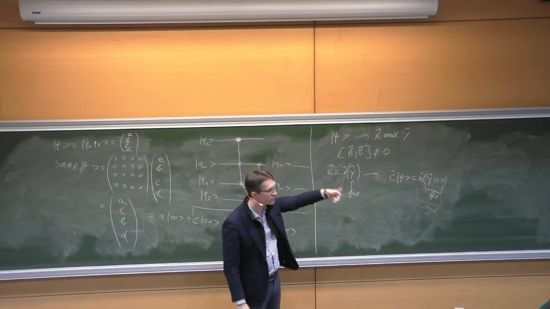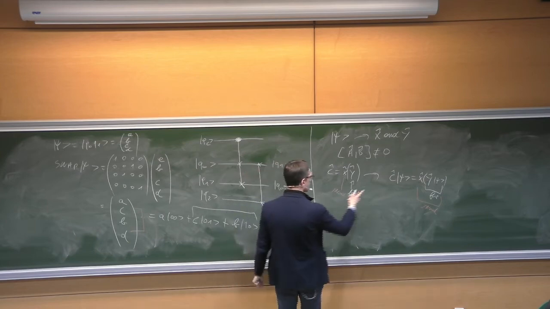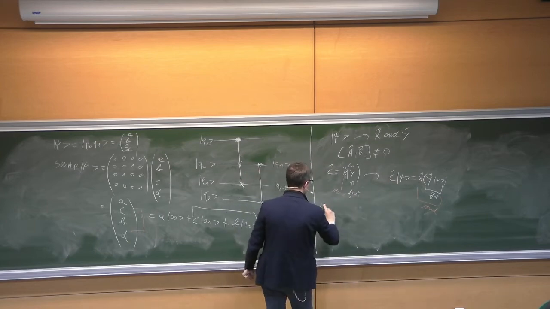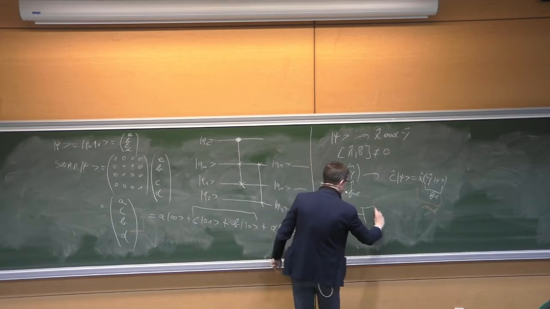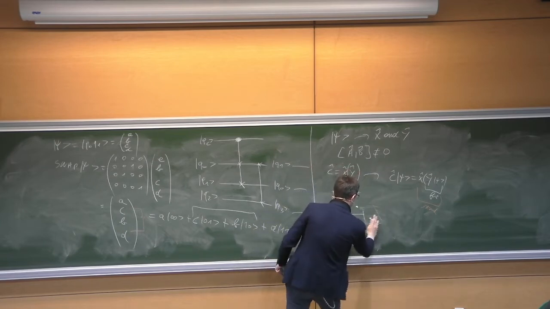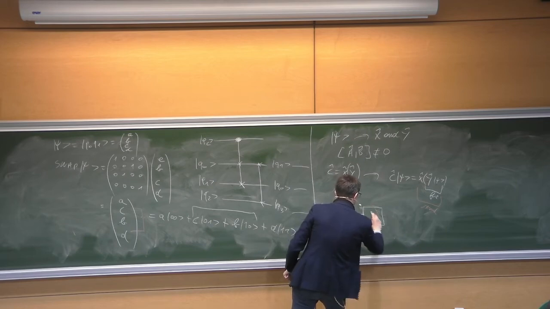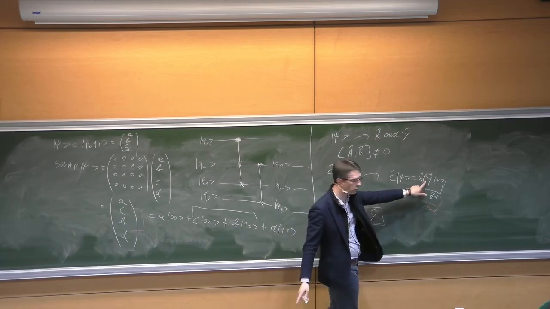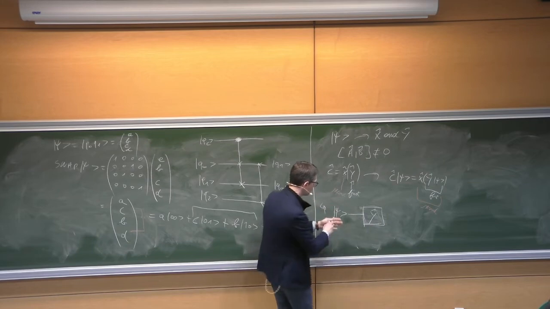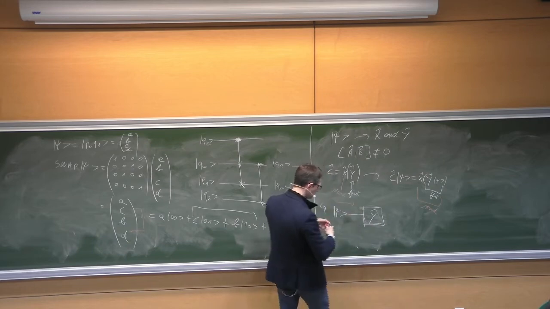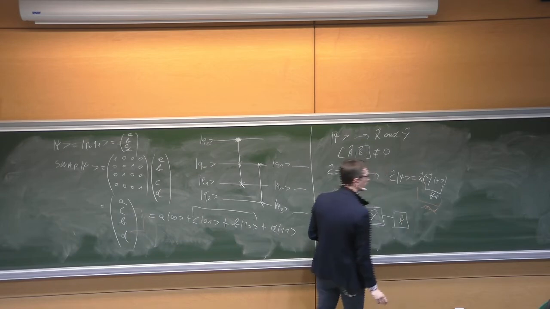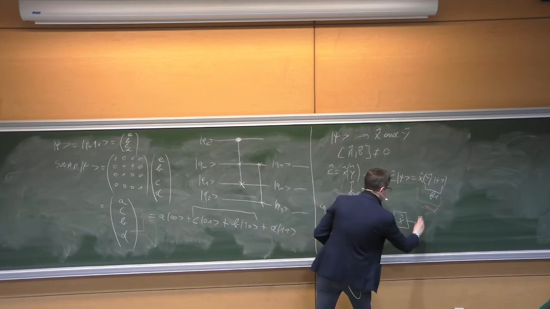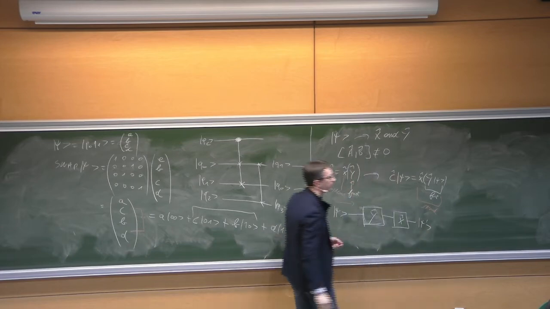So I have to reverse the order: psi, then first I apply Y, because that's what I do first, going from left to right, and then I do X, and I obtain something else, psi prime.